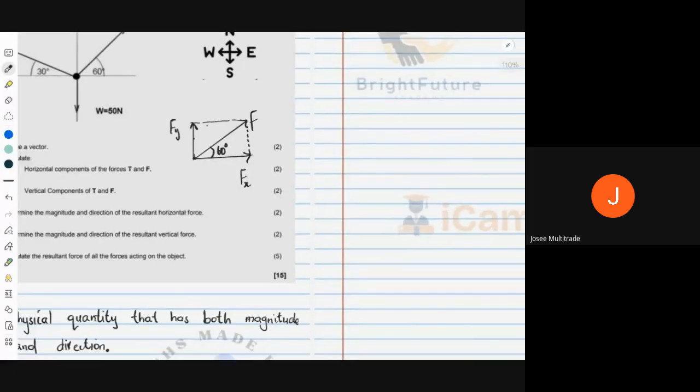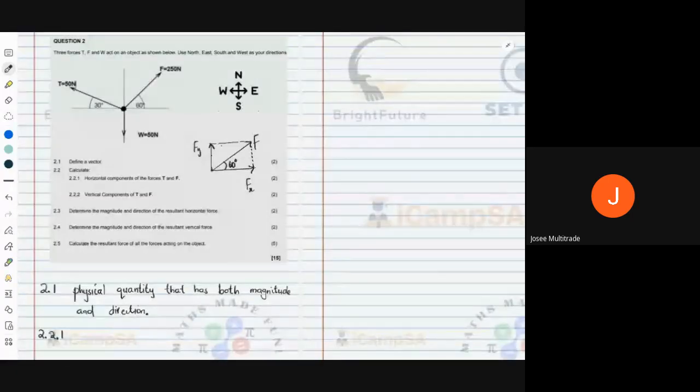Then we can find the final answer together. Doesn't matter. We want Fx, after that we'll find Tx. Give it a try. This is where I figure out your knowledge gaps. This is where I also meet you halfway and cover that knowledge gap so that you never, ever have that gap again. And then you can answer other physics questions confidently. So I really, really want you to try.